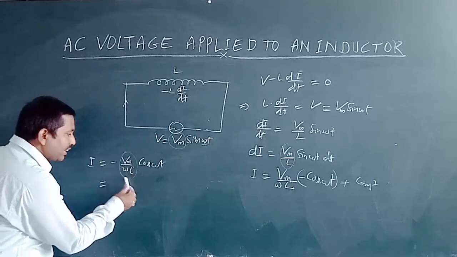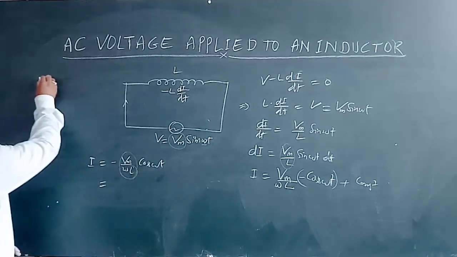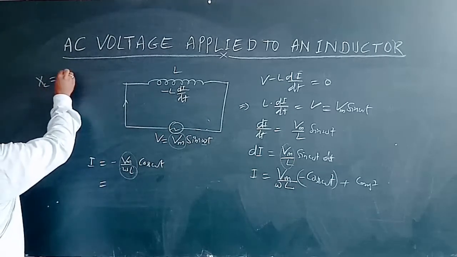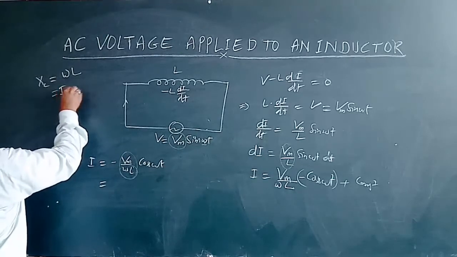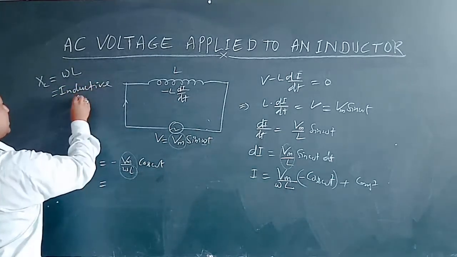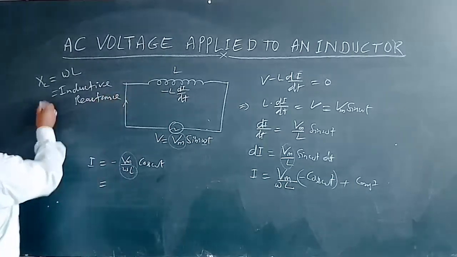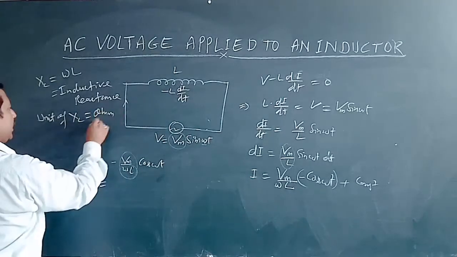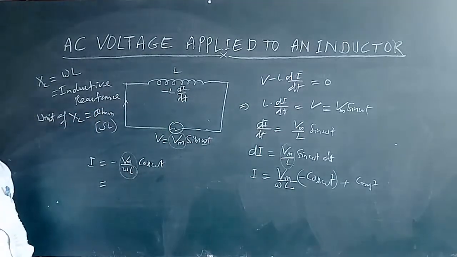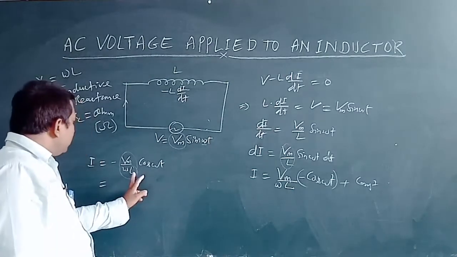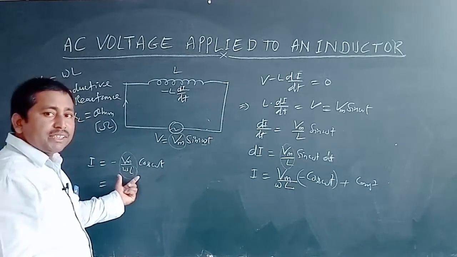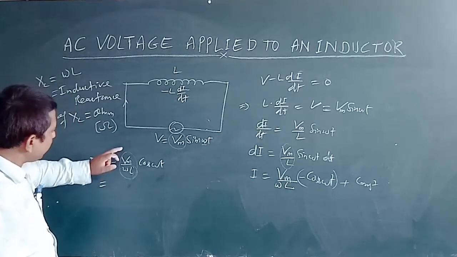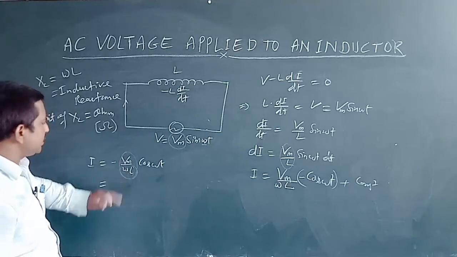So this omega L can be expressed by a new term known as inductive reactance, written as XL, which is omega times L. The unit of XL is ohm also, and it can be represented by this symbol, because omega L acts the same as a resistance, since the current is obtained by the ratio of the potential to the resistance.